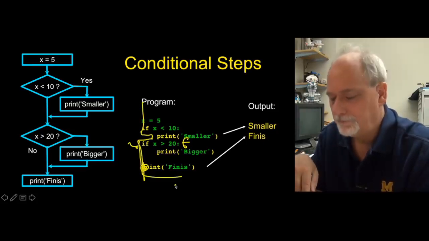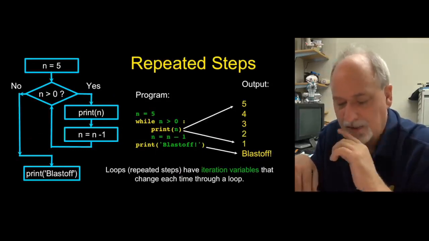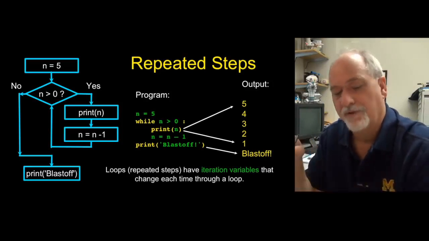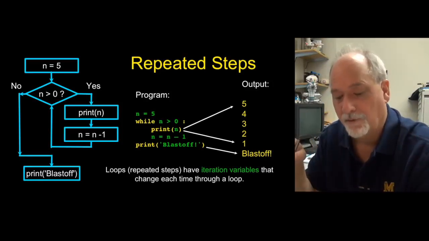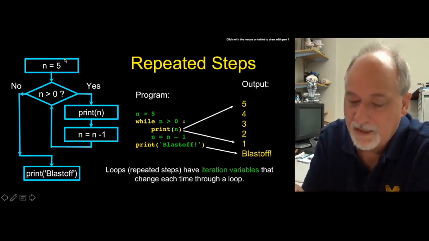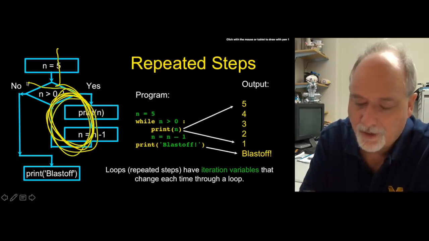Okay, so here is the last one we'll talk about, the repeated steps. We'll get back to store and retrieve later, but for now we're just going to talk about three of the four. This is another program, and the key is that we're going to use this same choice where we go in, run for a while, and then have an exit condition where we get out.